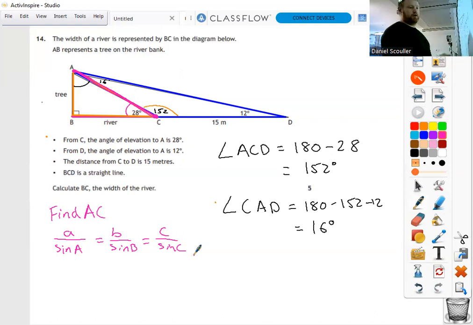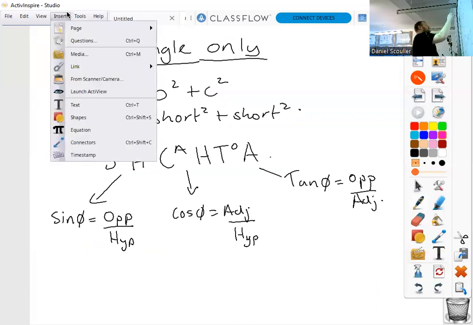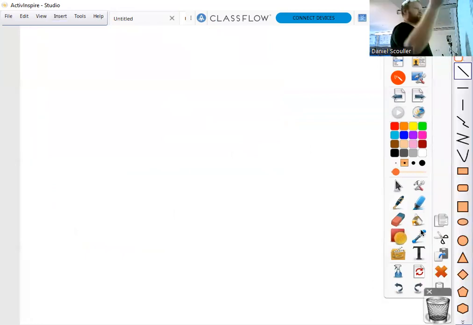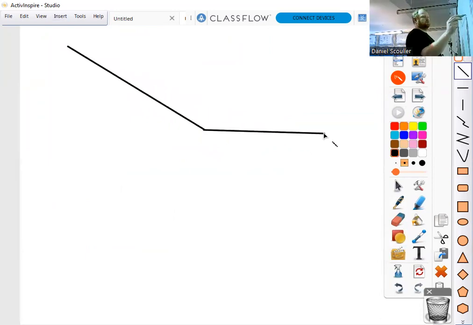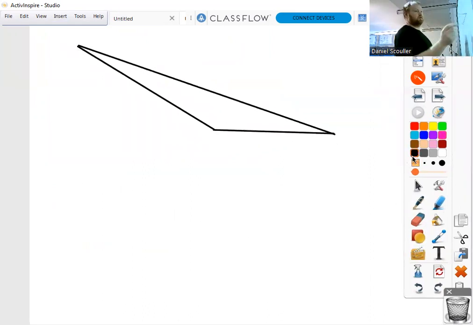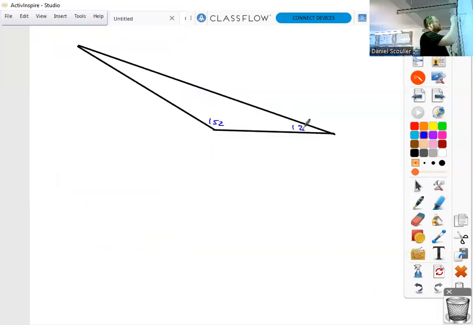Now I'm going to pull that triangle out and isolate it on a separate page. The angles are 152, 12 and 16.